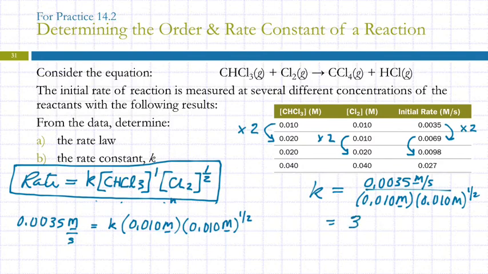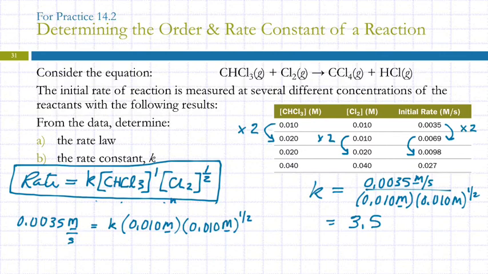So K equals 3.5. Does it seem like that's too nice of a number? Yeah, it's like, wait a minute, this is all messy and real, and this 3.5? Well, you could try one of the other ones and see if it comes out the same. And that's what it is. I checked in the back of the book.